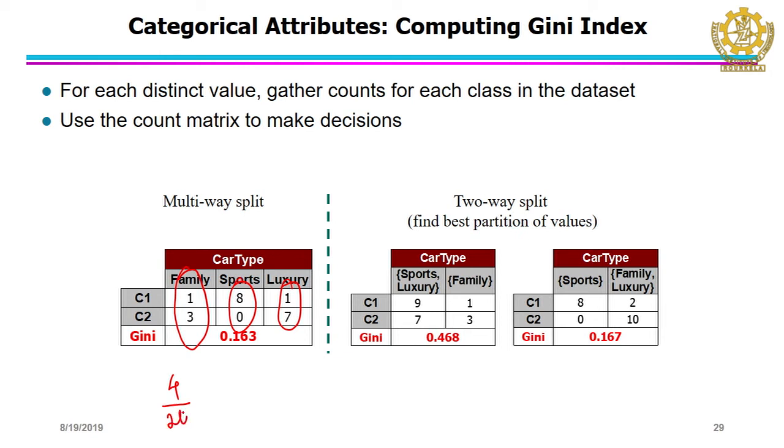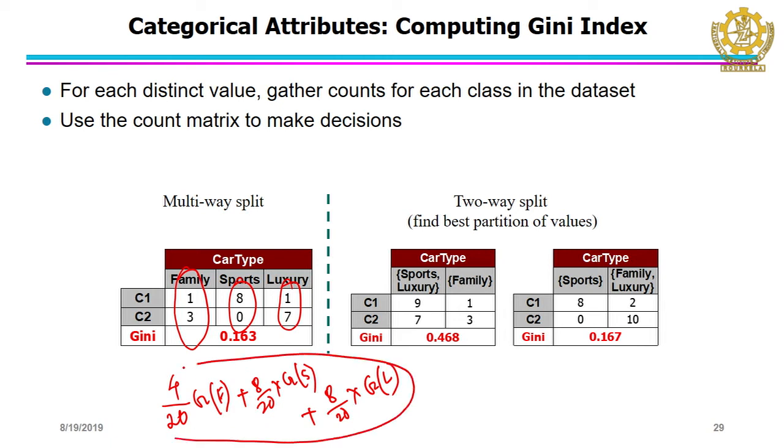So, 4 by 20 into Gini of family plus 8 by 20 into Gini of sports plus 8 by 20 into Gini of luxury. So, that will give you the total value 0.163.